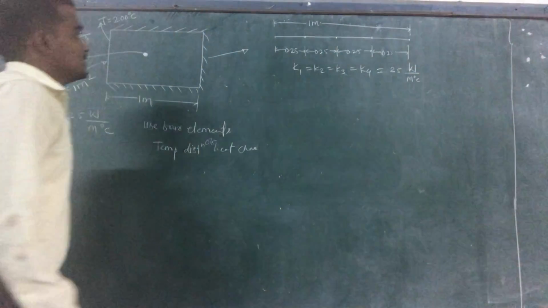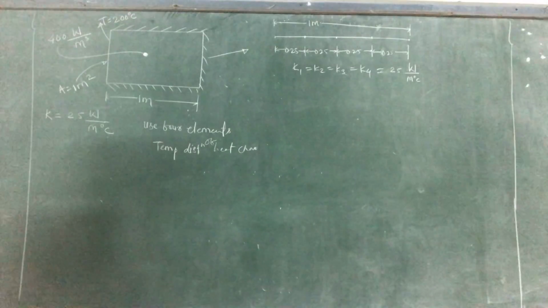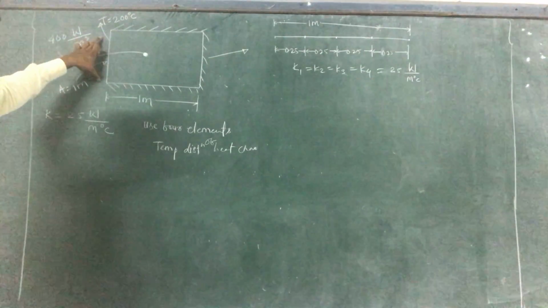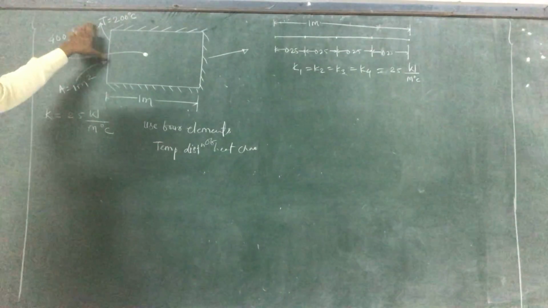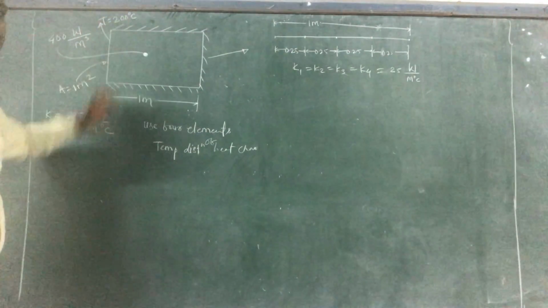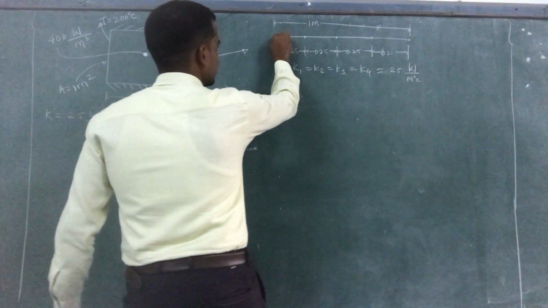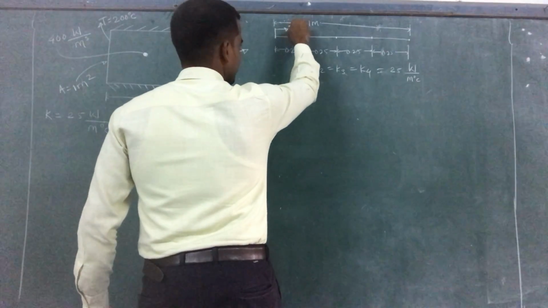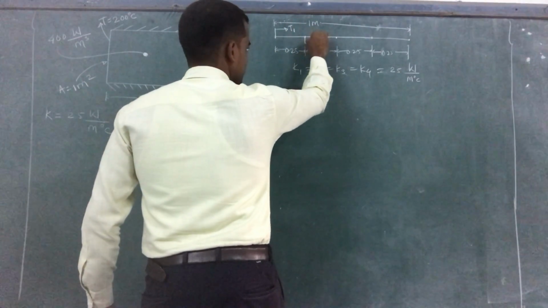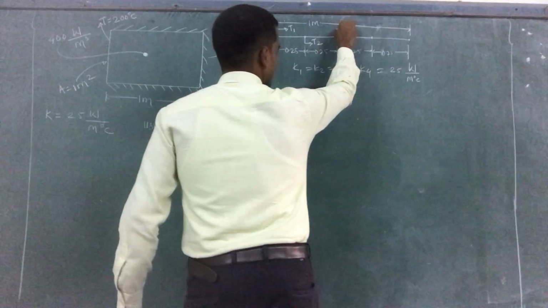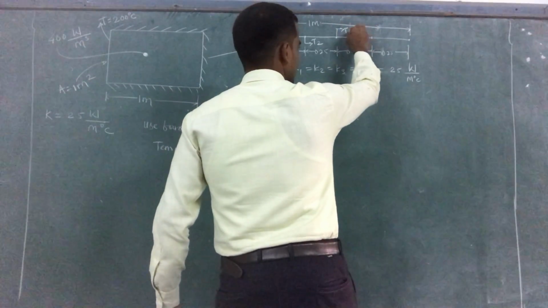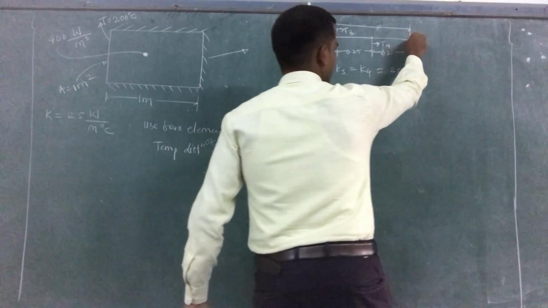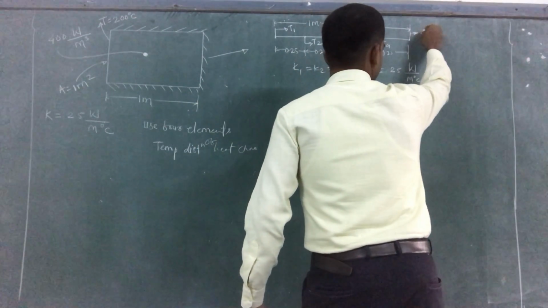Then the left side of this heat chamber is maintained at temperature T equal to 200 degrees Celsius. At this stage this is your T1, this is your T2, this is your T3, for the fourth node T4, and for the fifth node the temperature is T5.